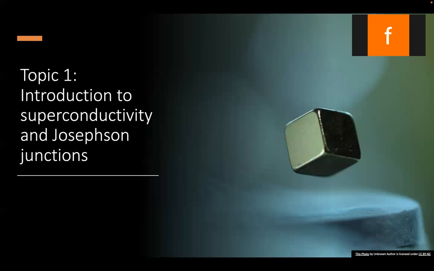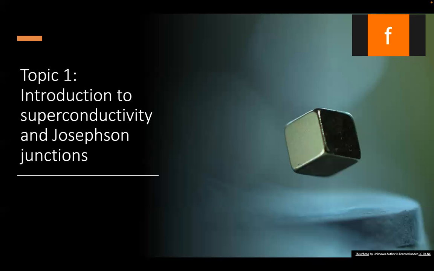What we know already is that when you cool down a sample, not any sample, it has to be very specific. There are many superconductors in nature. But there is a critical temperature where the system exhibits some strange behaviors.